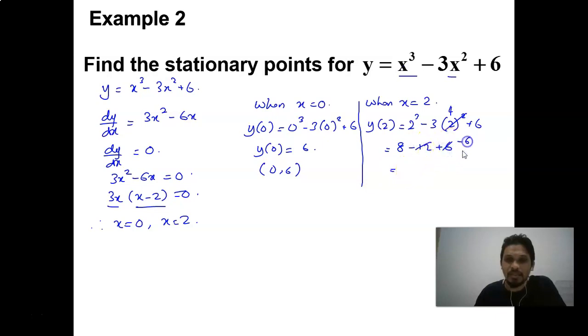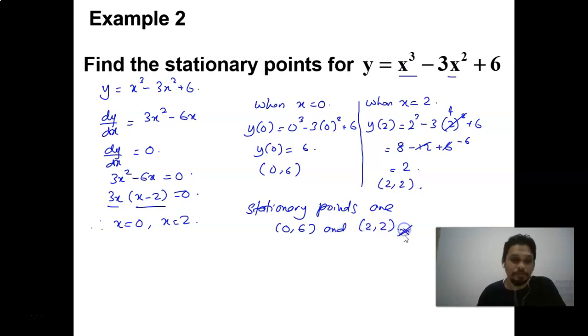Negative 12 plus 6 equals negative 6. Negative 6 plus 8 equals 2. Then the coordinate is 2, 2. So now the final answer: the stationary points are 0, 6 and 2, 2.